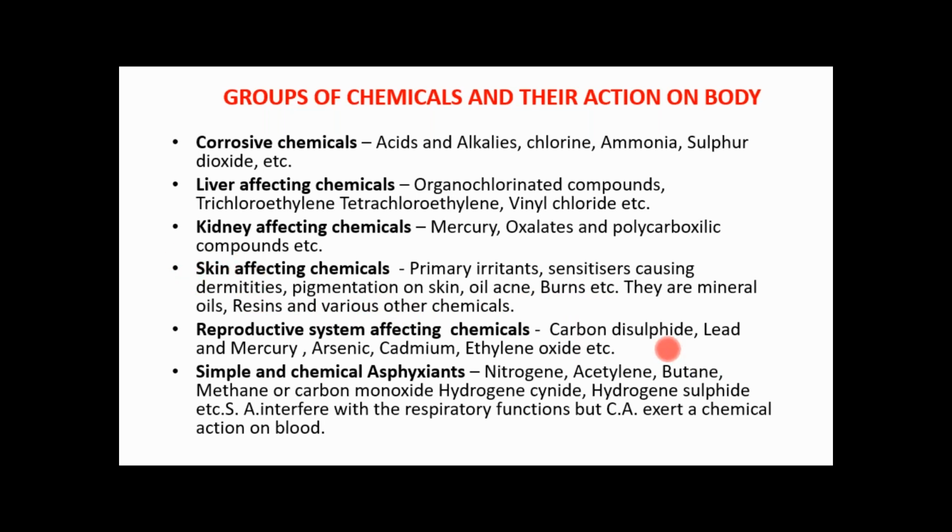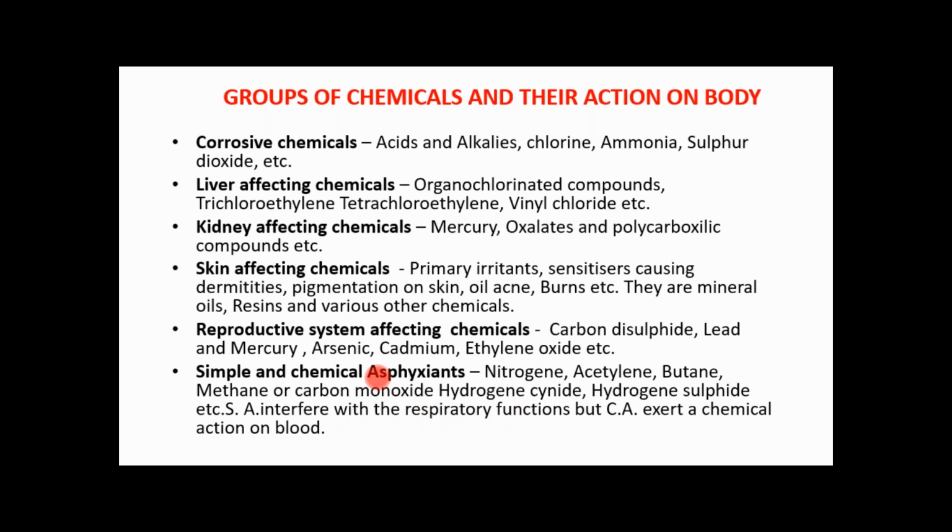Then CS2, lead, mercury, arsenic, cadmium, and ethylene oxides can directly affect your reproductive system. Then nitrogen, acetylene, butane, methane, or carbon monoxide, hydrogen cyanide, hydrogen sulfide, etc. can affect your lung systems or your respiratory systems. So it is called an asphyxiant.